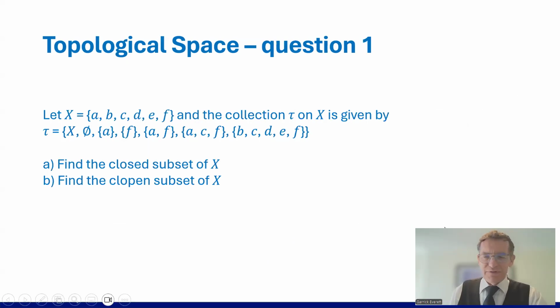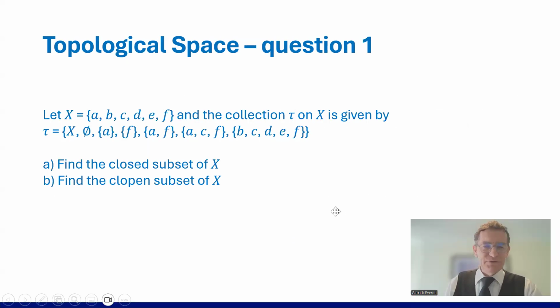Okay, question 1, and this is back to more reality of things you might like. Let X be {A, B, C, D, E, F}, and the collection T on X given by T equals {X, empty set, A, F, AF, ACF, and B, C, D, E, F}.